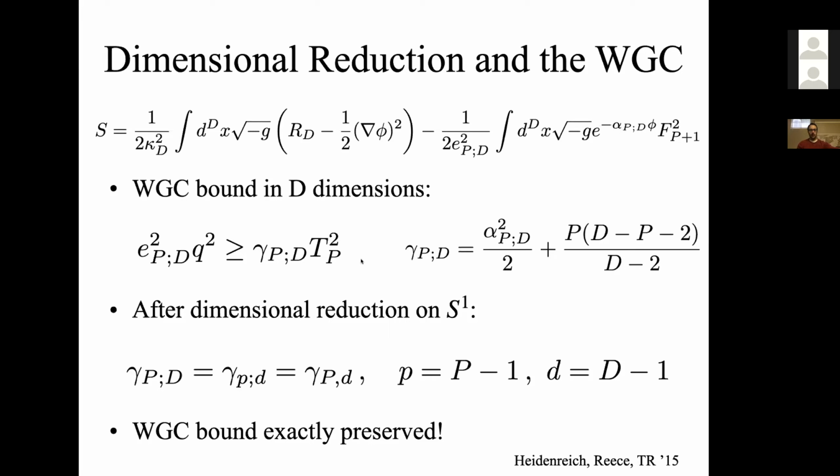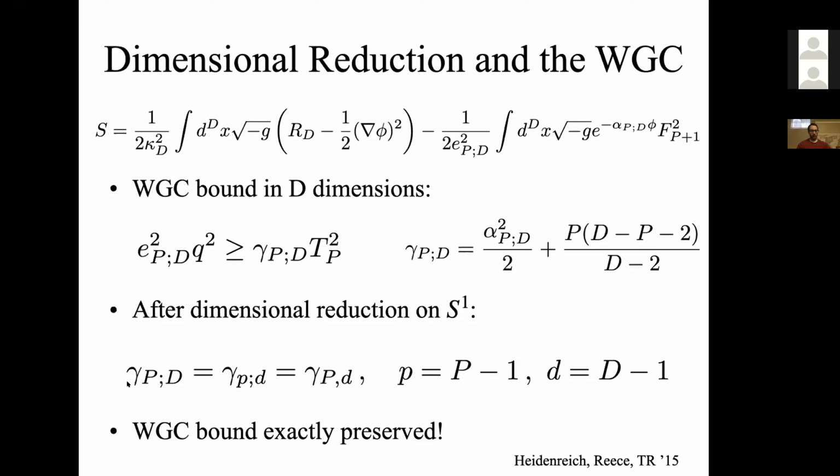And this bound and this coefficient have the remarkable property that if you compactify this theory on a circle, the resulting gamma that you get is exactly the same as the gamma that you started with. And that happens whether you decrease p by taking one direction of the brane to wrap around the compactified circle, or if you take all of the directions to lie in non-compact directions.